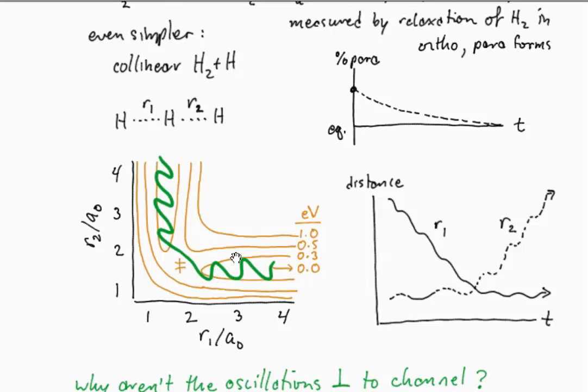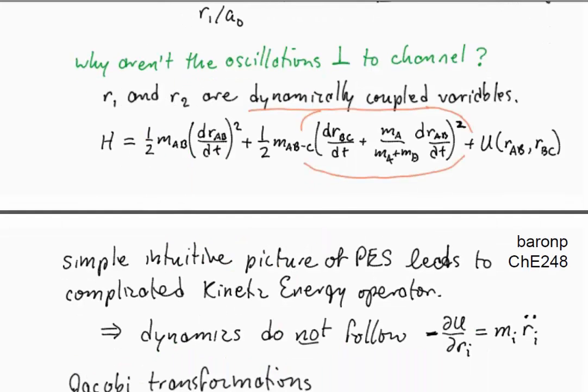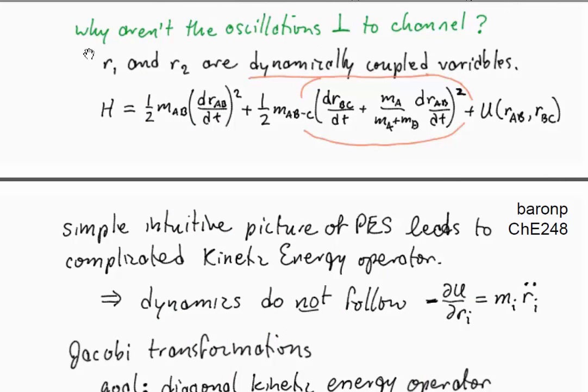And so you see that reflected in that the oscillations here aren't perpendicular to the direction of the channel. If we were to try to write down the Hamiltonian in terms of variables R1 and R2, which are coupled to each other, changing the length of one tends to change the length of the other one, then we would get a rather complicated kinetic energy term in the Hamiltonian. So this looks like the velocity along BC and RAB in a linear combination with each other, and then you square that, and that's going to lead to all these cross terms that involve the velocities of both components.